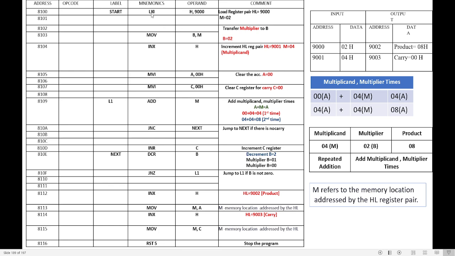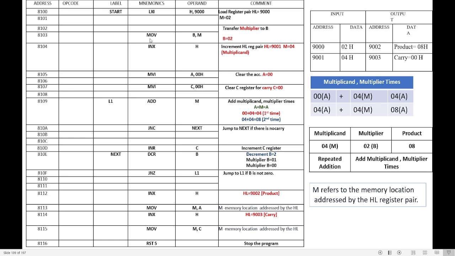So the instruction I have written is load register pair immediately HL with 9000. When I execute it, HL will become 9000, and M, the memory location addressed by HL, will become 02.